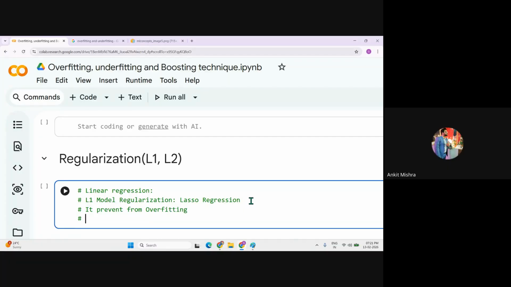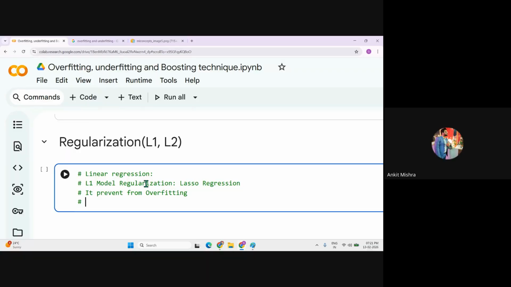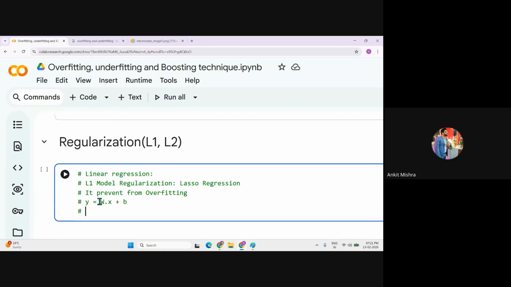Okay, see, you know that whenever we are creating any linear regression model, we have to initialize the weight, right? And we know that the equation looks somewhat like this: y is equal to, we are using the weight concept, right? And we have to calculate the error. Errors are like MAE error, MSE error, and RMSE error, right?